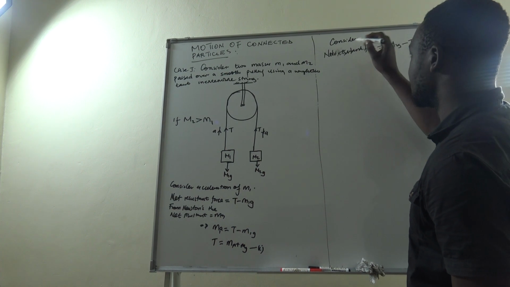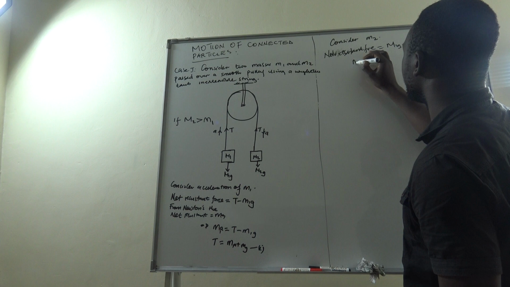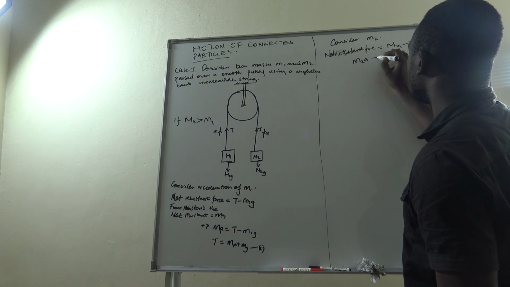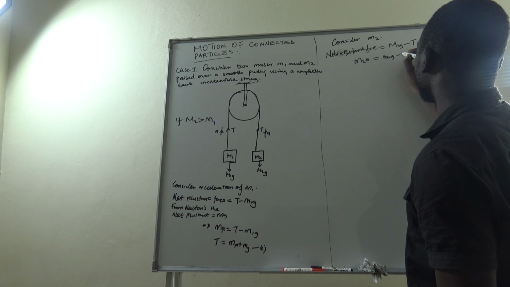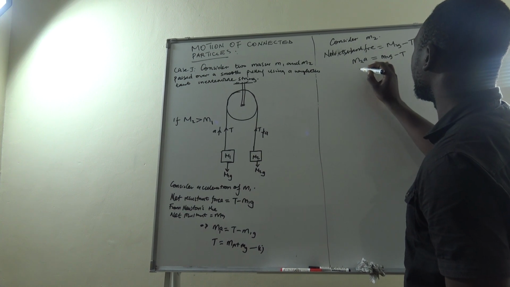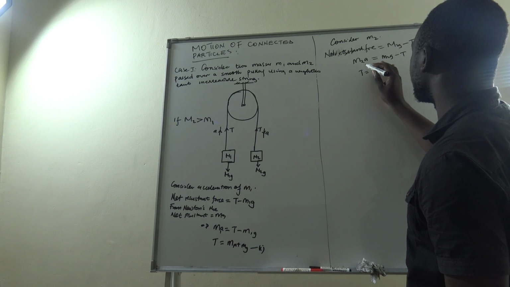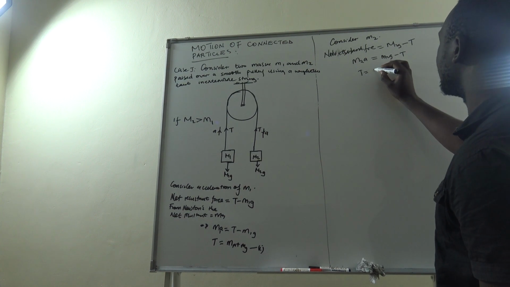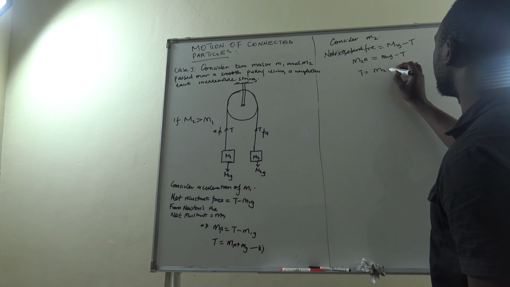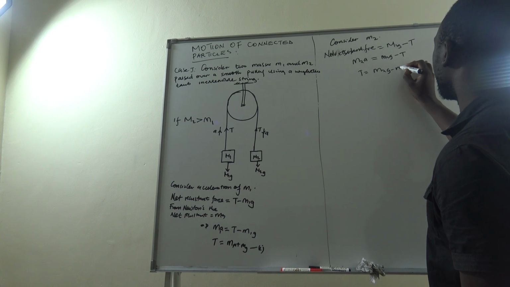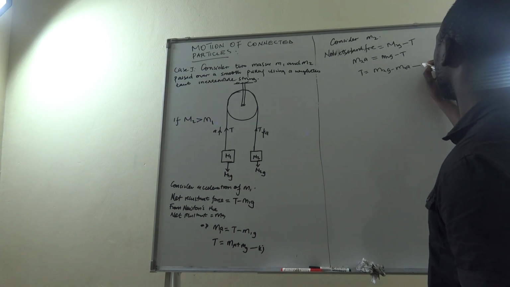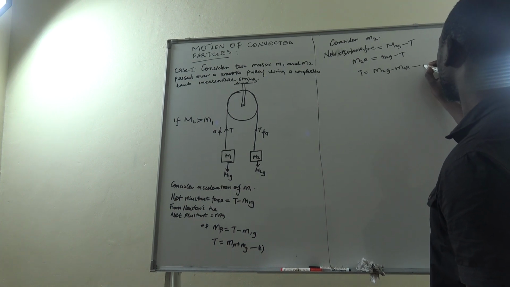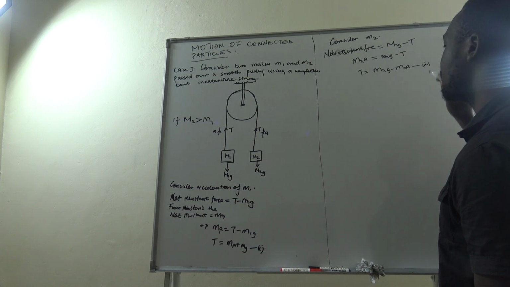From Newton's second law, this is M2A, which is equal to M2G minus T. Therefore, if we make T the subject, T is going to be equal to M2G minus M2A. Now, this is also the expression for tension. So this is equation 2.